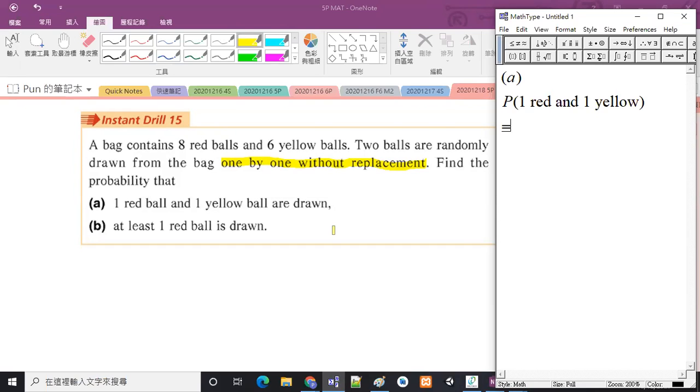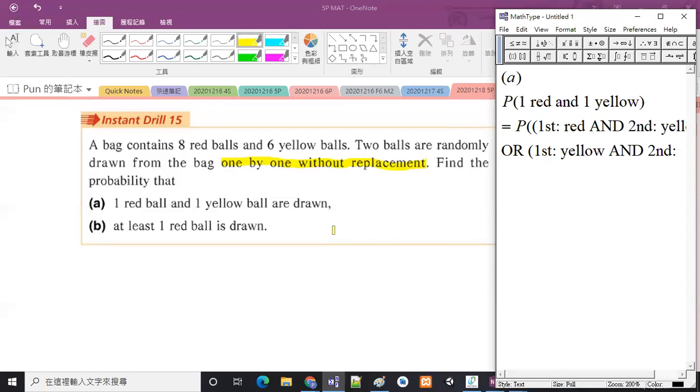It did not mention which one is red and which one is yellow, whether the first one is red or the second one is red. Okay, so we need to consider different cases. Again, it is the first red and second yellow, or the first is yellow and the second is red. Get this?